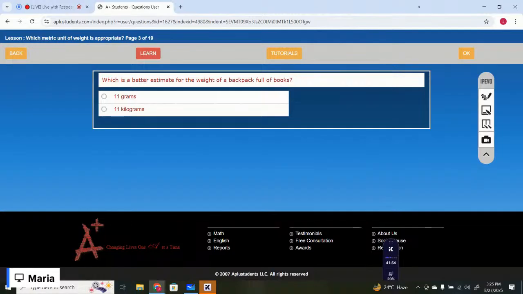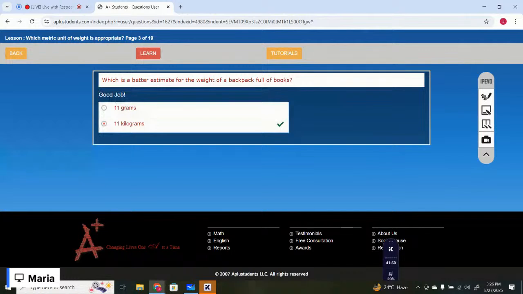It would be 11 kilograms because it is full of books.